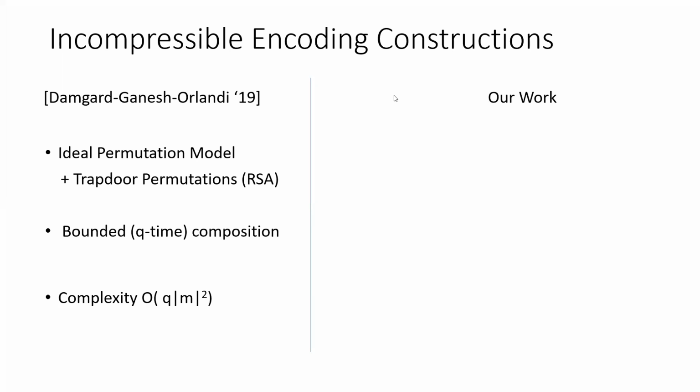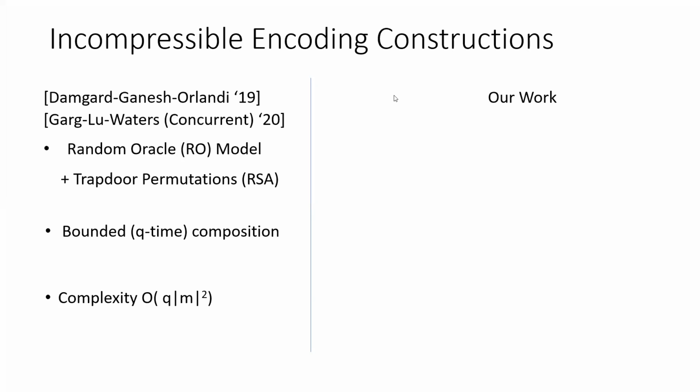So it depended on the number of compositions, but maybe more importantly, it was quadratic in the message size. And as I said before, this original work had a flawed proof. This was fixed by Garg and Waters. They also showed how to remove the ideal permutation and just get a construction in the random oracle model.